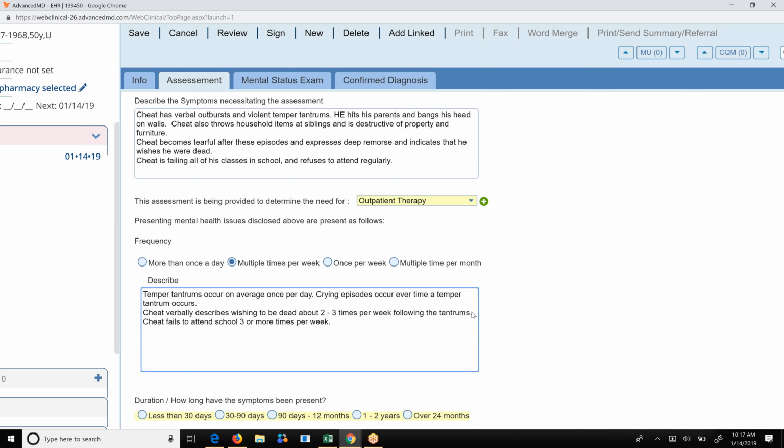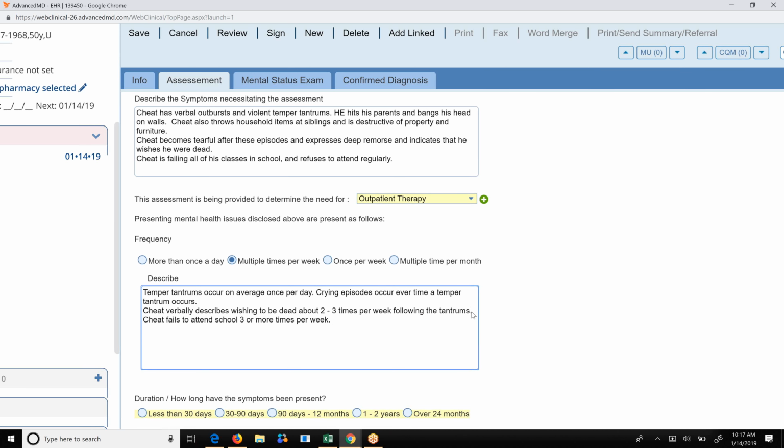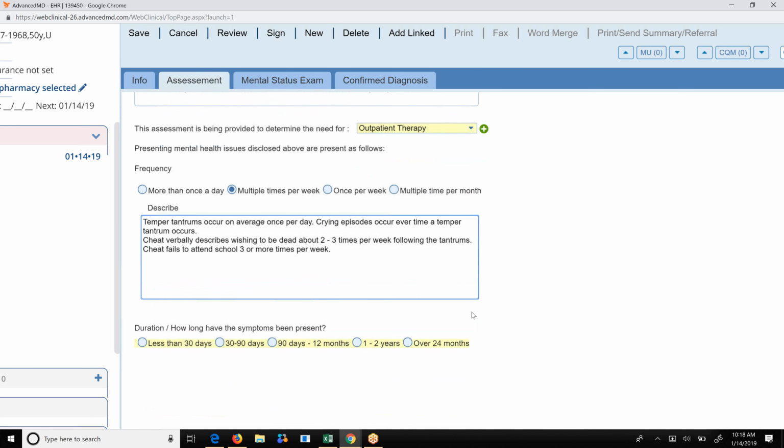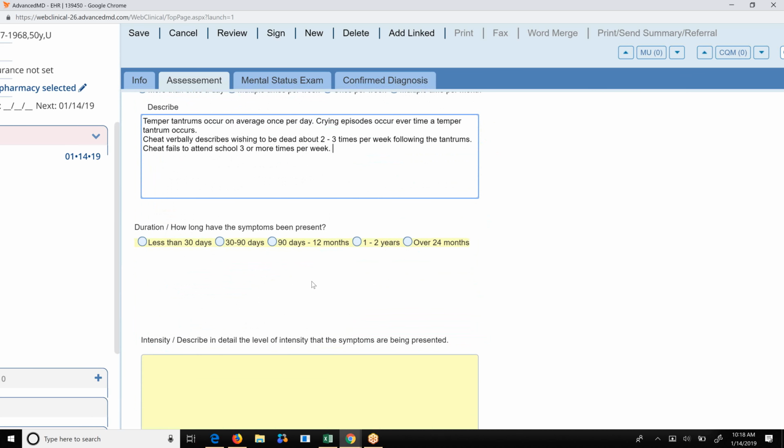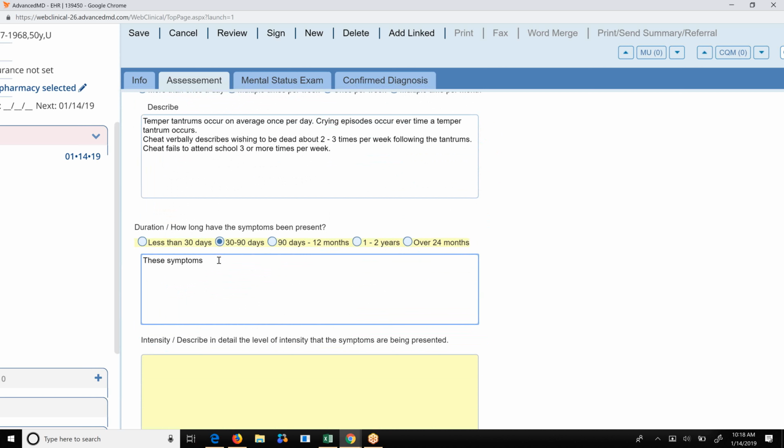From frequency, the next place you've got to go is duration. Duration is just as important as the specific listing of symptoms. The reason why it's important is because, let's say you have a person who presents with difficulty sleeping, lack of motivation, crying episodes.